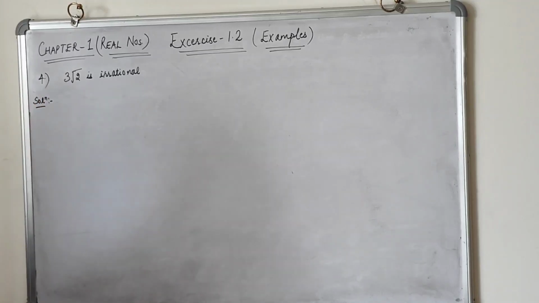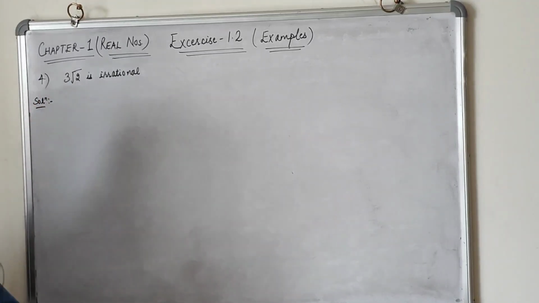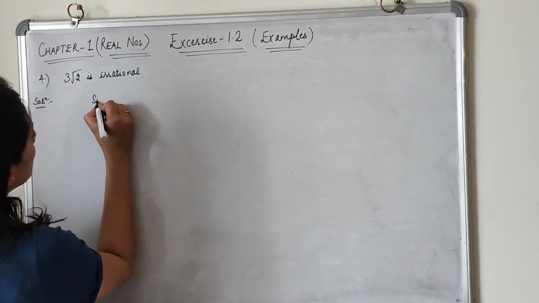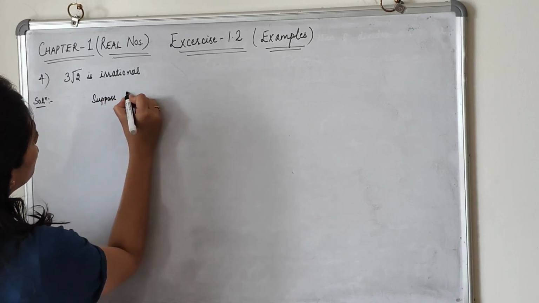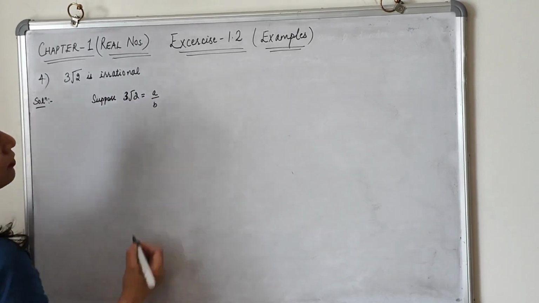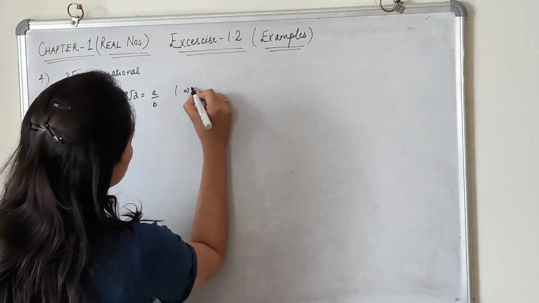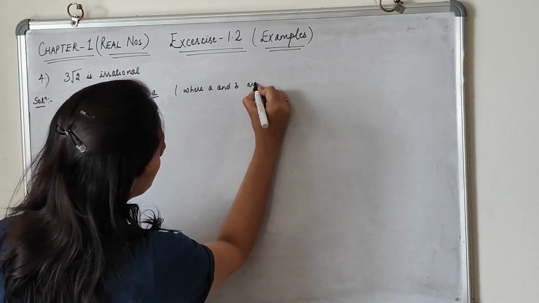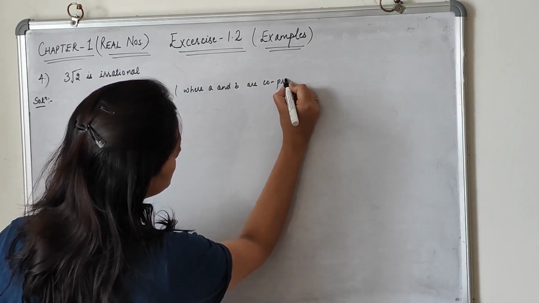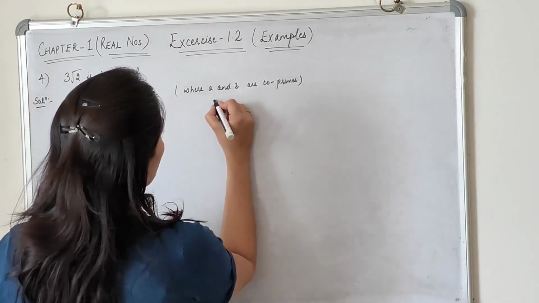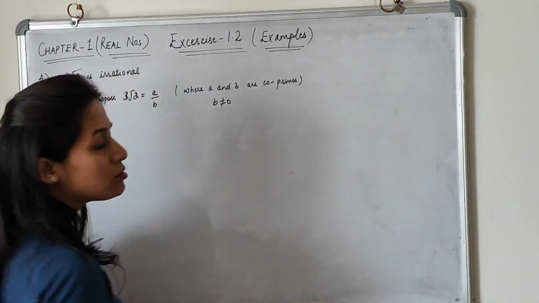Question number 4. Prove that 3 root 2 is irrational. Assume 3 root 2 is a rational number where A and B are co-primes and B is not equal to 0.